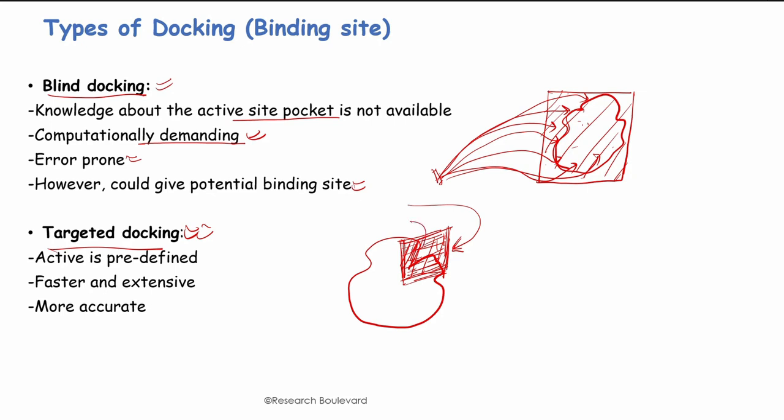Instead, we are going to predict where the binding site or active site pocket can be using various tools, and then evaluate the docking results against references or reports that are already known.